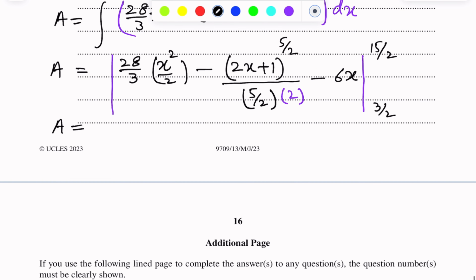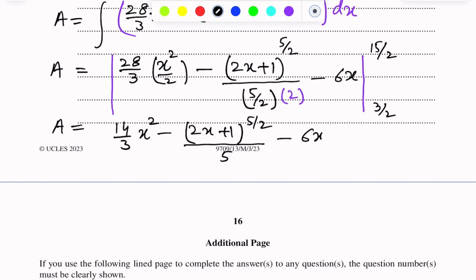First we will simplify it, then we will apply the limit. Simplifying, we get 14 over 3 x squared minus (2x plus 1) to the power 5 over 2 divided by 5, minus 6x.